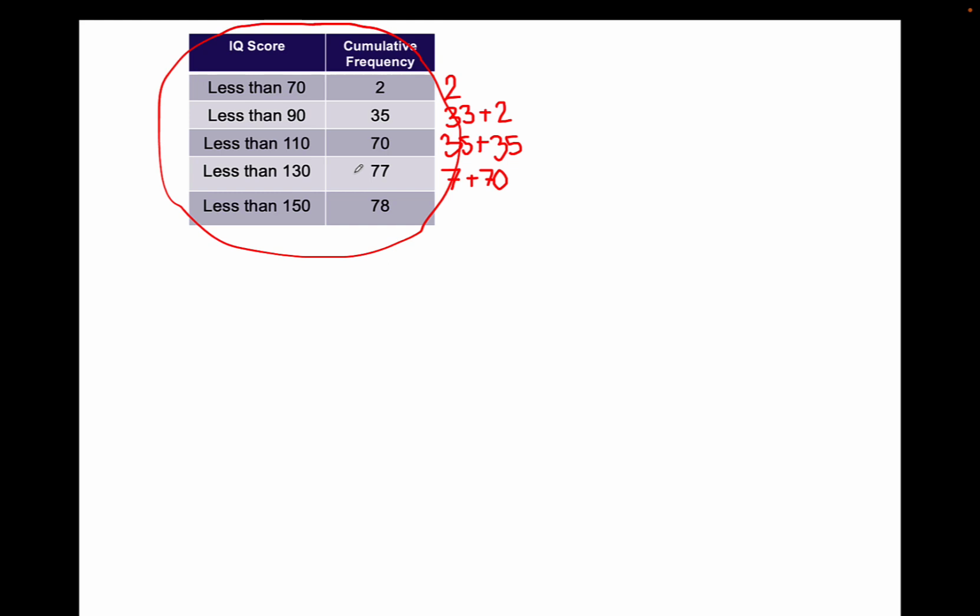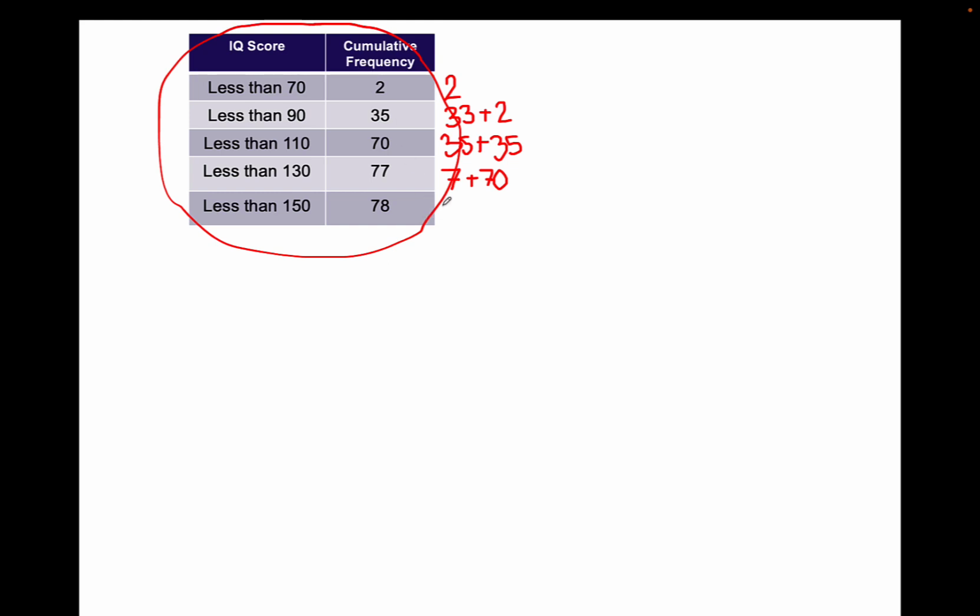And notice that for those 77 IQ scores, we didn't write the lower class and upper class limit. We had to state that we have 77 IQ scores that were less than 130. So make sure you're adjusting your first column correctly, and your second, when you are creating a cumulative frequency distribution table.